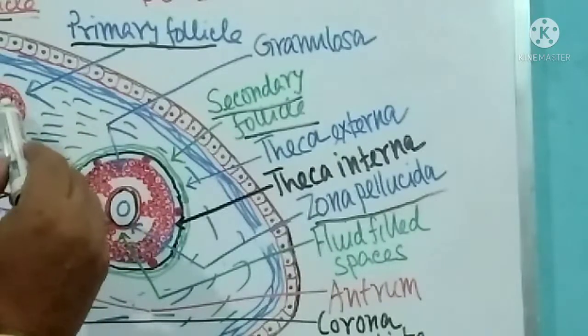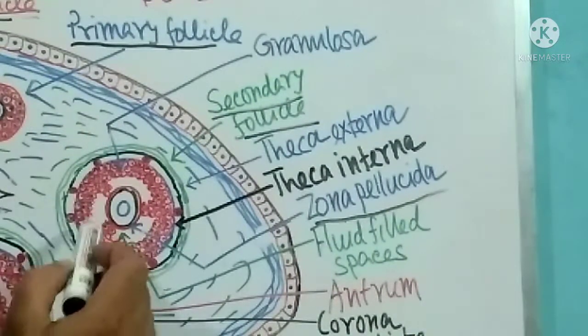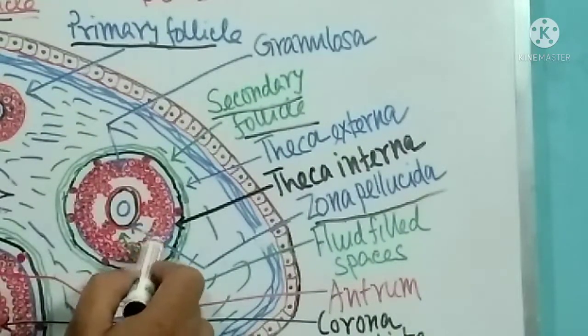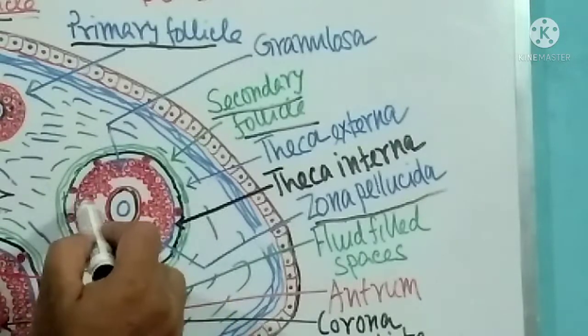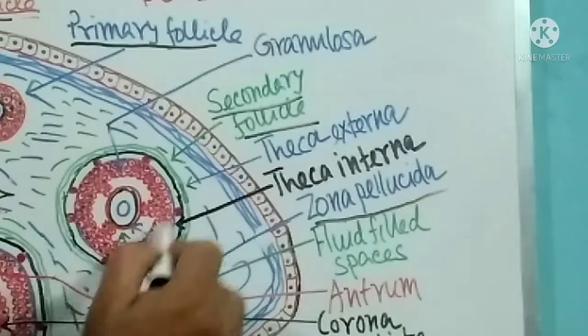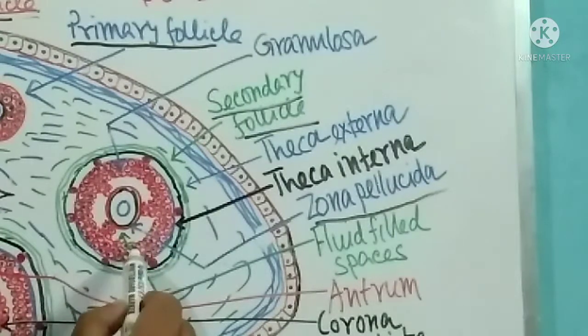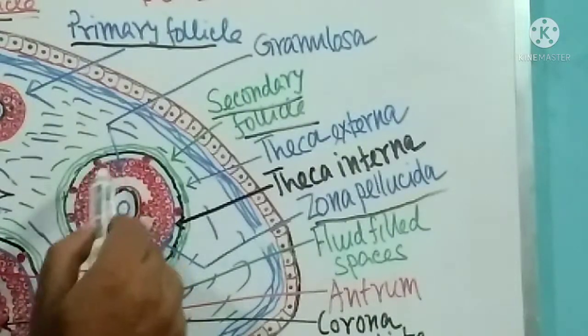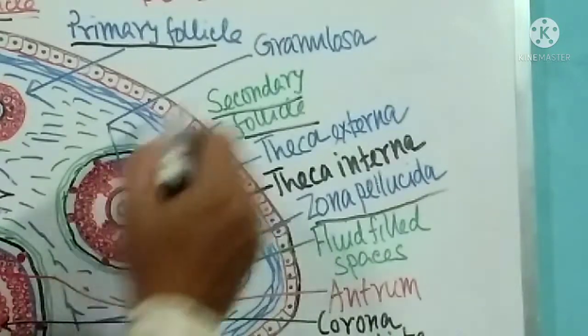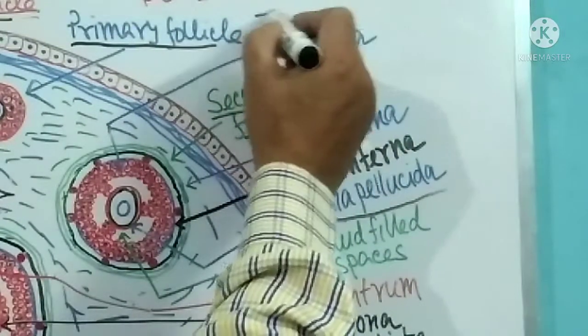Granulosa cells of primary follicle proliferate to form more granulosa cells, and this is called zona granulosa.